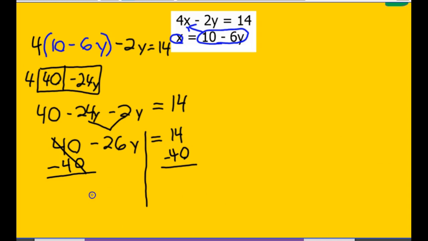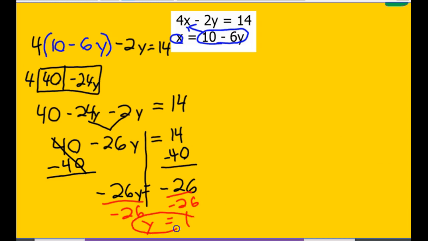Those cancel out. We get negative 26y equals 14 minus 40, which is negative 26. So negative 26 divided by negative 26, y equals 1, since two negatives make a positive. So now we know that our y equals 1.